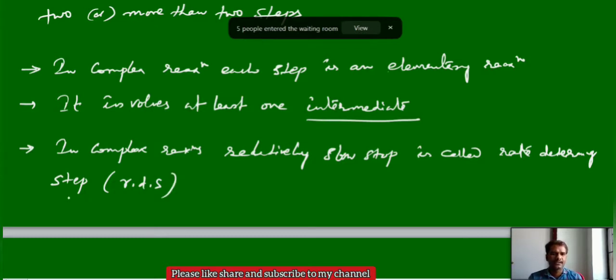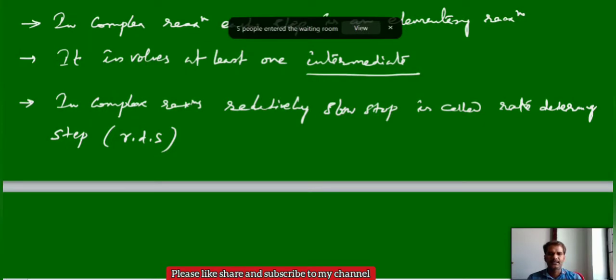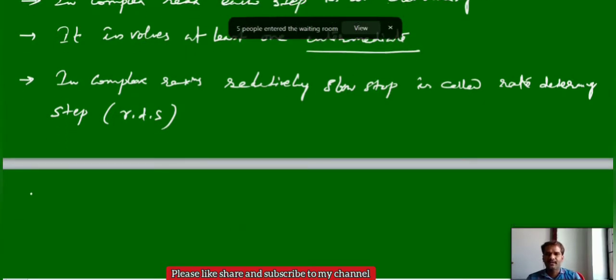The slowest step in a complex reaction is called the RDS step, and the overall rate of reaction can be monitored by this RDS step only.